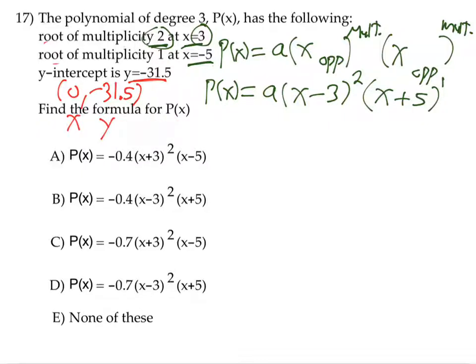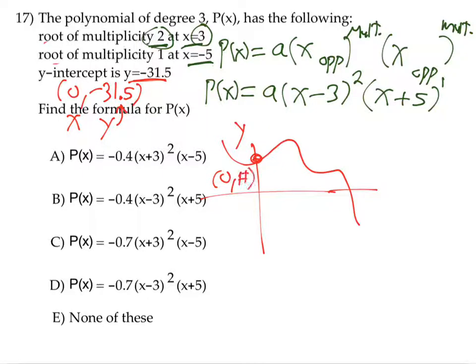So when y is negative 31.5, x is 0. On a graph, if here's the y-intercept, that means it's over 0, up some number, isn't it?